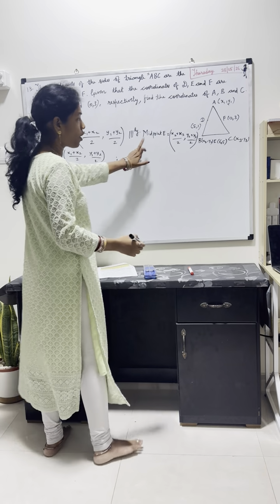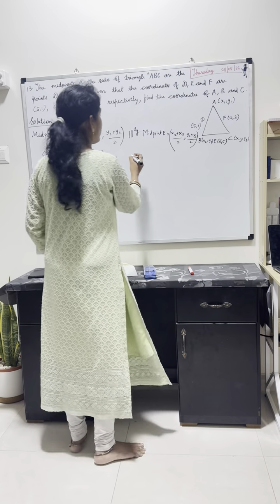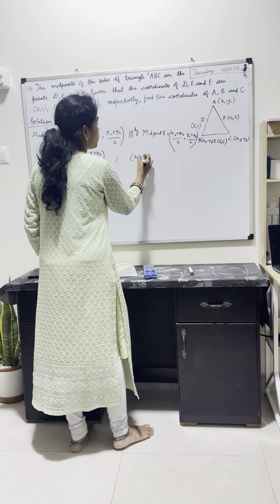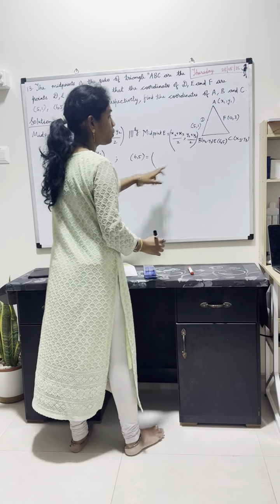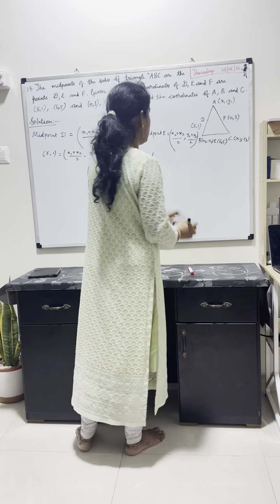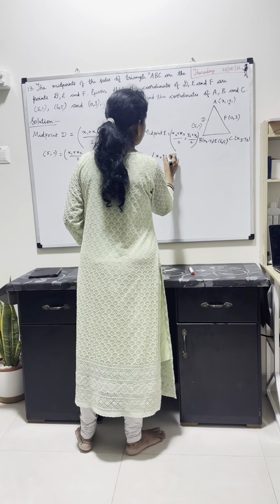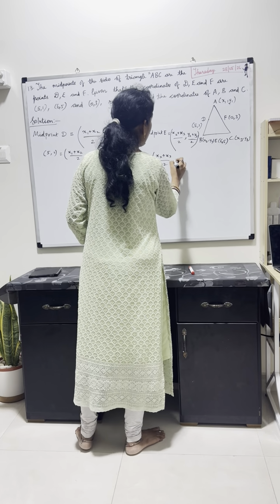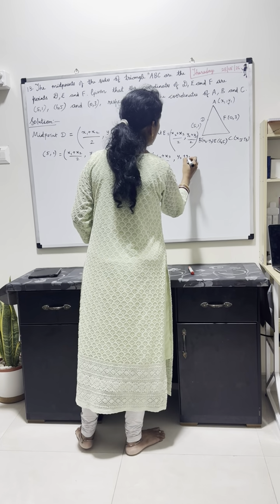So what is the coordinate for E? 6, 5. That is equal to x2 plus x3 upon 2 and y2 plus y3 upon 2.